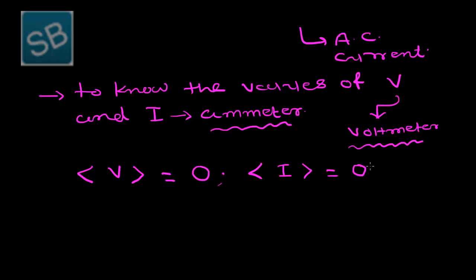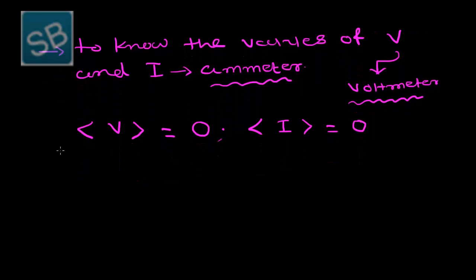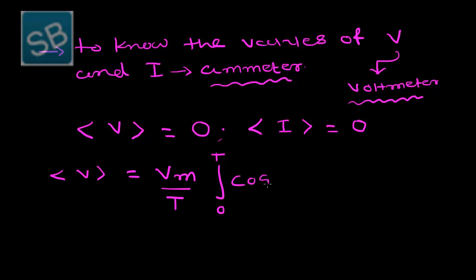But we know the average value of a sine or cosine function over the time interval. For voltage V, which is equal to Vm, integration 0 to t, dividing by the time interval, cos omega t dt.